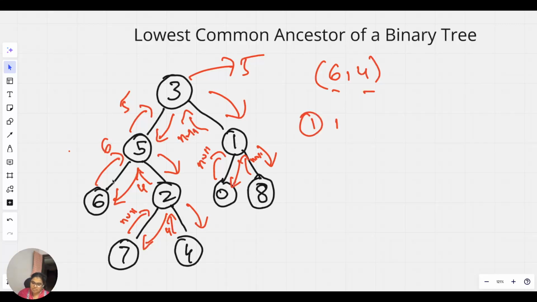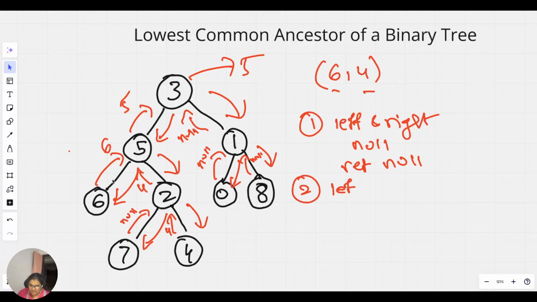One is both left and right are null. In this case, we haven't found anything. So we will return null, which means we haven't found anything. There is a case where either left or right is not null.